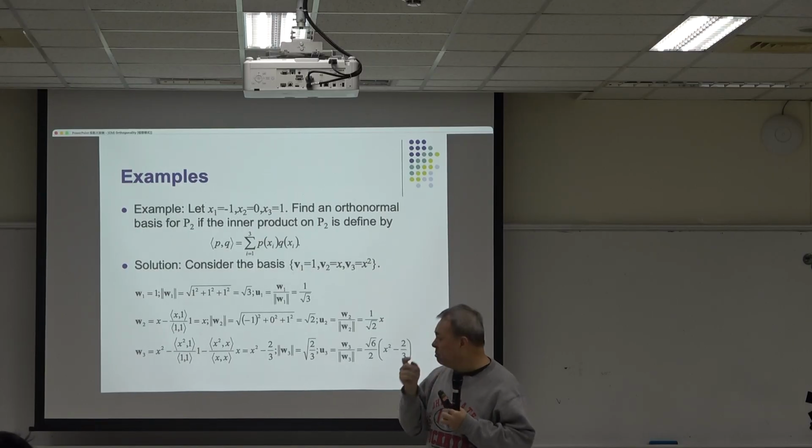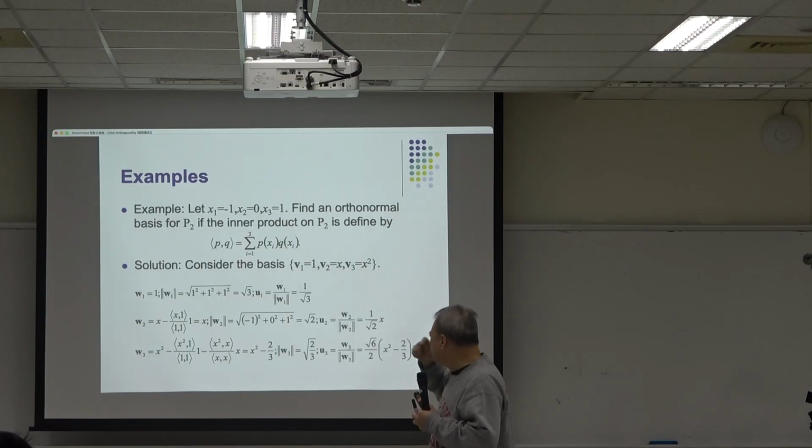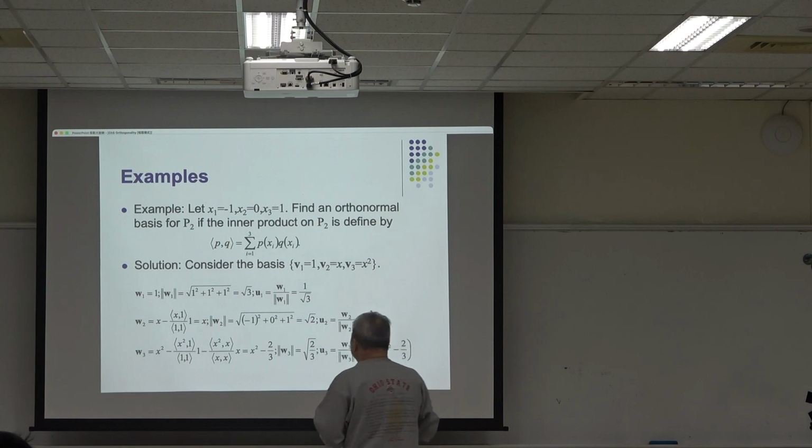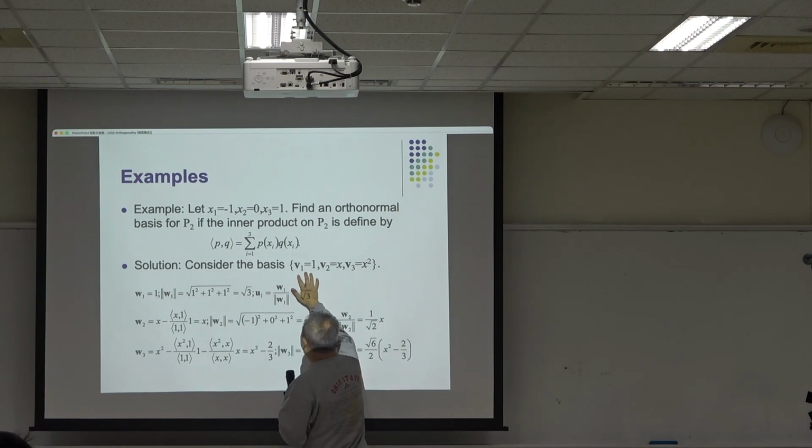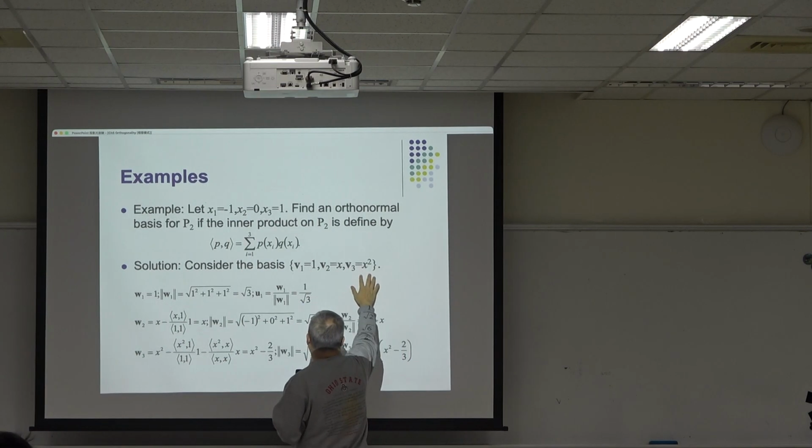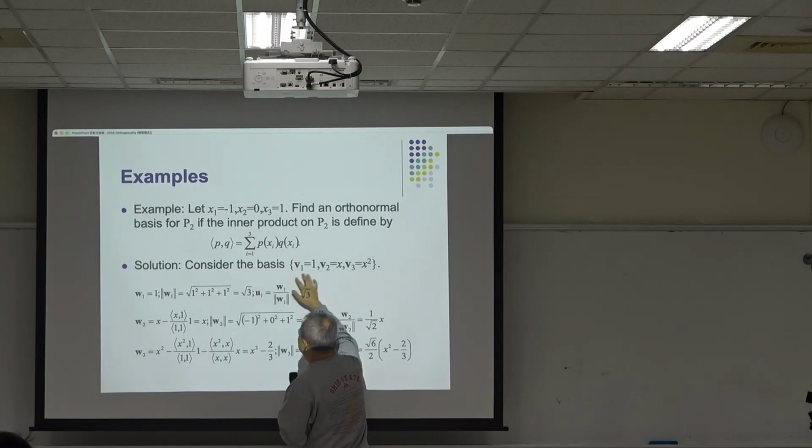You have to plug in those x1, x2, x3 there. Okay. So here we have a basis: v1 is 1, v2 is x, v3 is x squared.